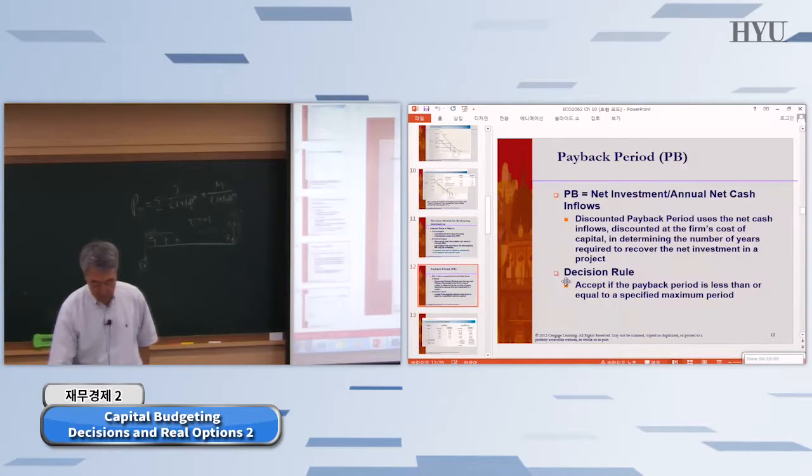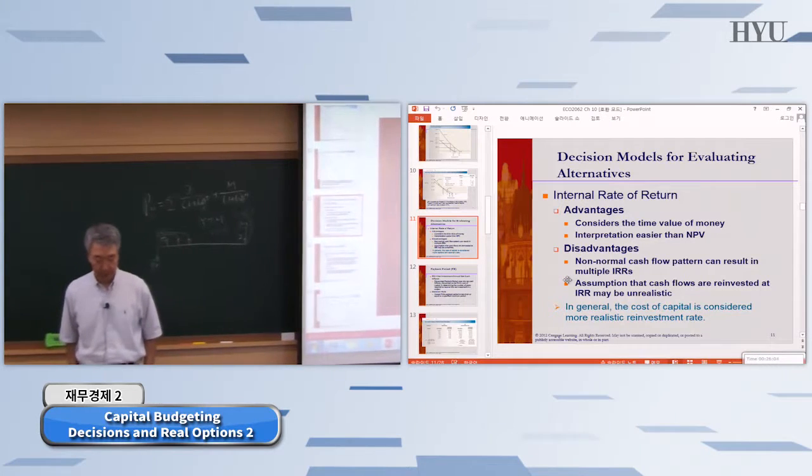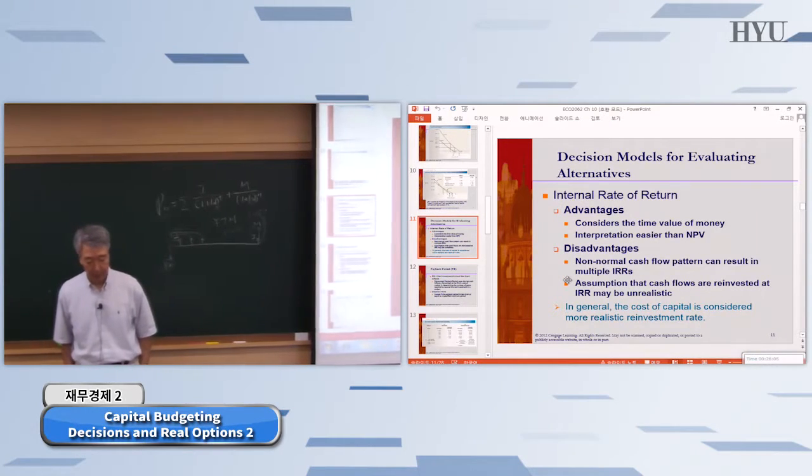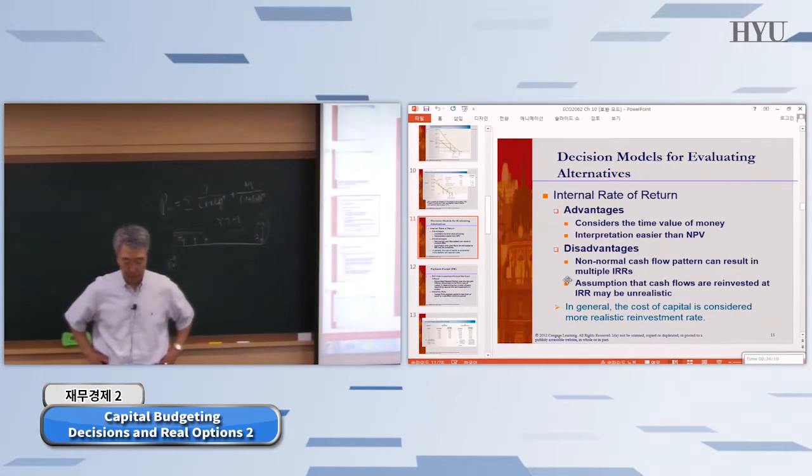So here's the summary of the pros and cons for internal rate of return. The advantage is it considers the time value of money. Well, of course. Interpretation is easier than NPV. Well, I said last class that this is kind of subjective.